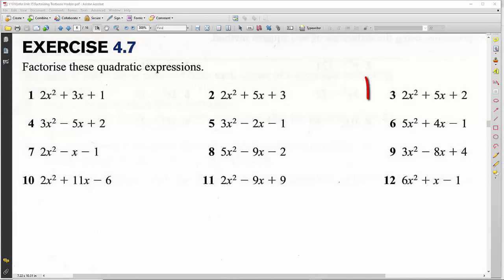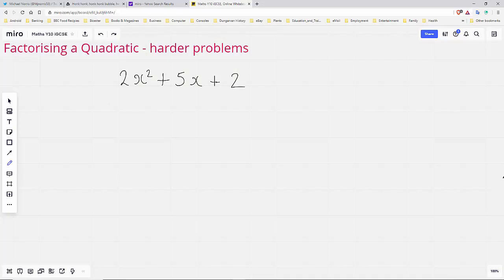So let's try now question number 3. We'll add a little bit more complexity. 2x squared plus 5x plus 2. We'll draw up our brackets once again, and we'll put our x and x in, as we'd expect to. Now again, we've got a 2 in front here, so the only way we're going to get a 2 is if one of these has a 2 in front.